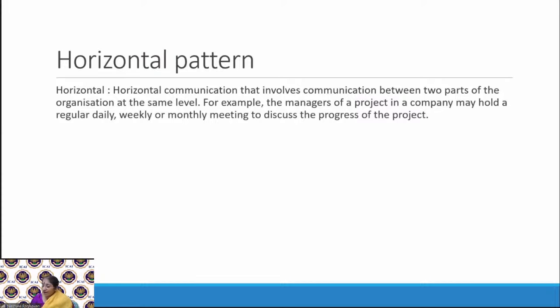In a horizontal pattern, it's communication between two people of the same hierarchy, maybe of different departments from the same organization. It involves communication between two parts of the organization at the same level. For example, the managers of a project in a company may hold a regular daily, weekly, or monthly meeting to discuss the progress of the project.